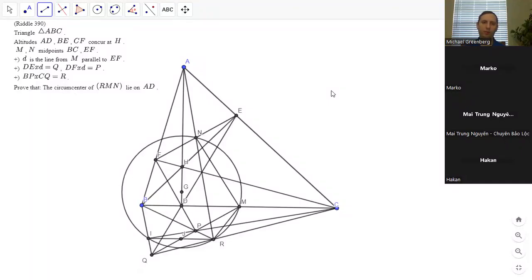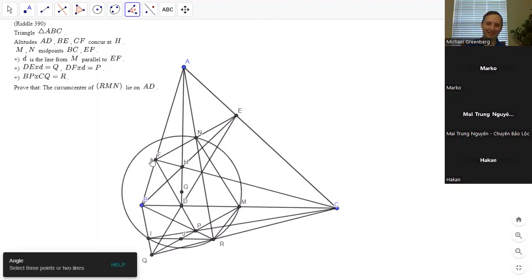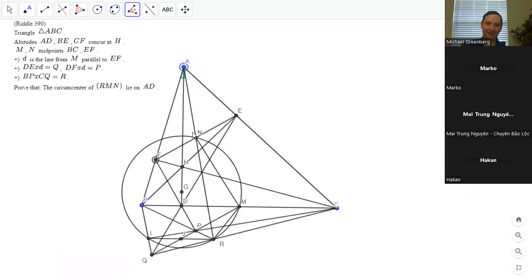Which is the same as saying, so AN is the median, right? Unless I'm crazy, AN is a median, right? So we want to figure out how to use that fact.